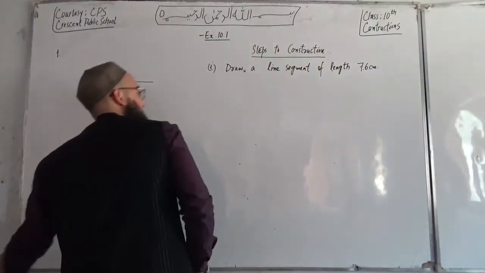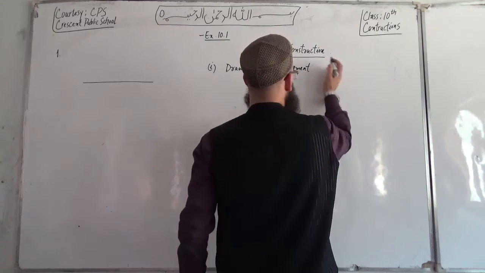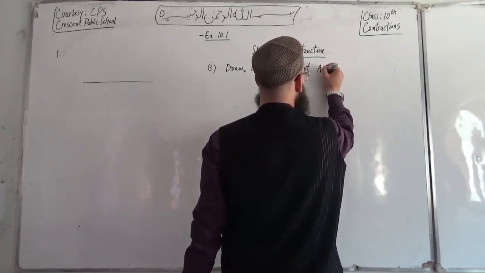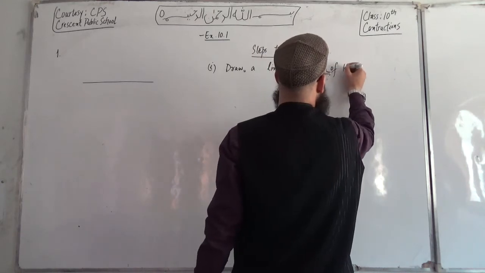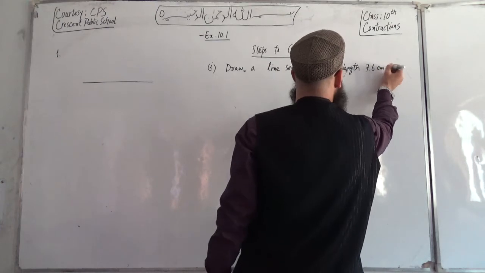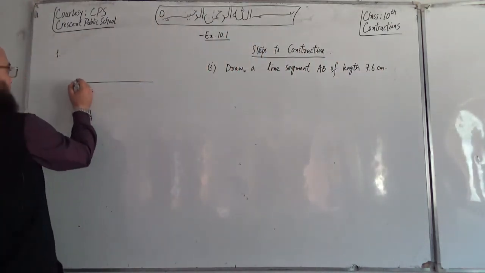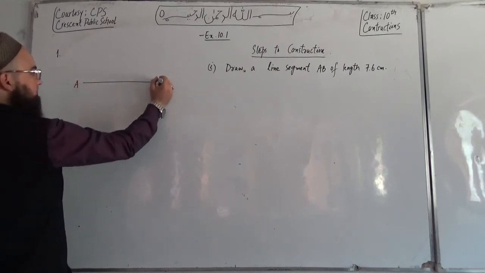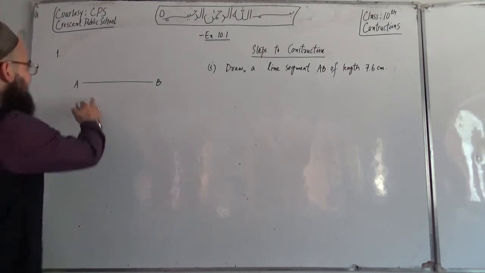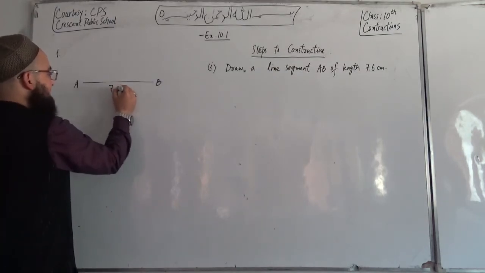Draw a line segment, say AB, of length 7.6 centimeter. So in that case, this is your AB and this length is 7.6 centimeter.